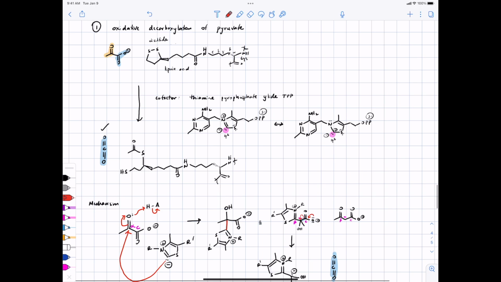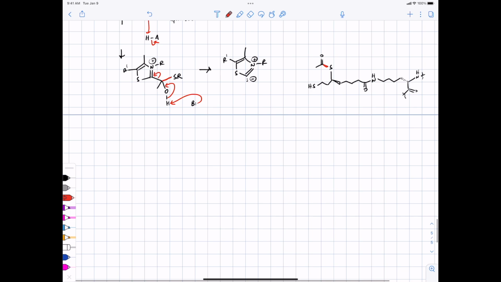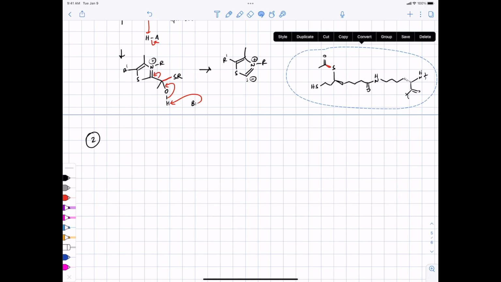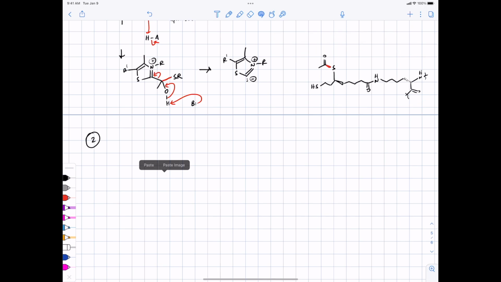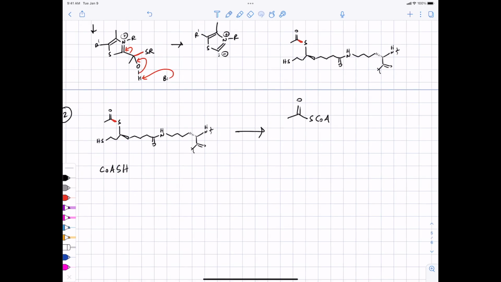So is the final step just to substitute it with CoA? Next, the second step of three is basically a trans-thioesterification, where you bring in the CoA thiol and you swap out the lipoic acid thiol for the other thiol.